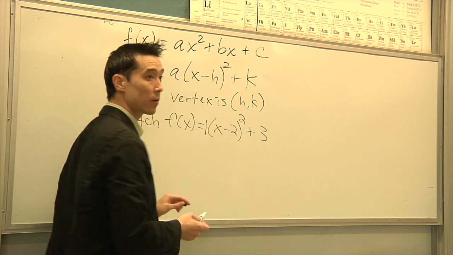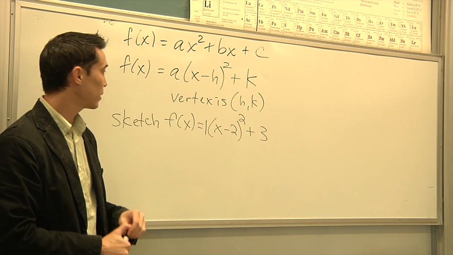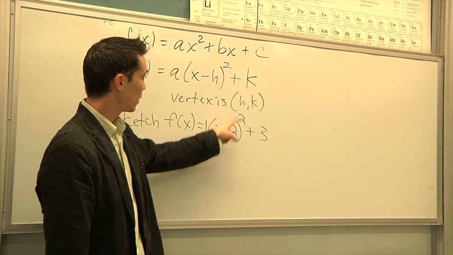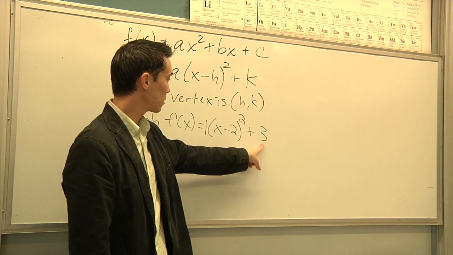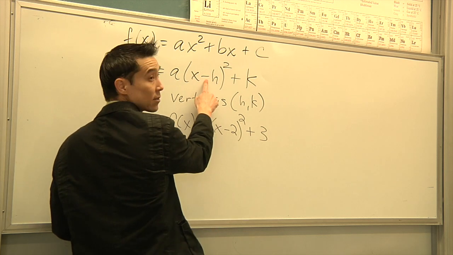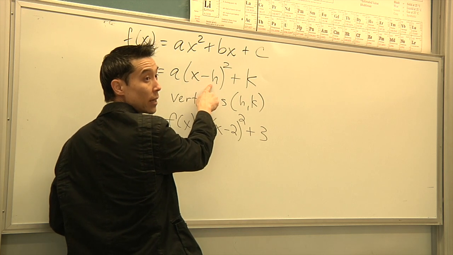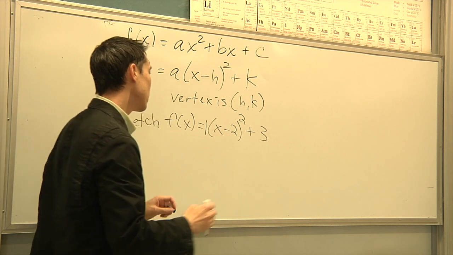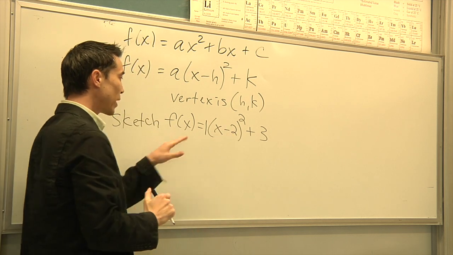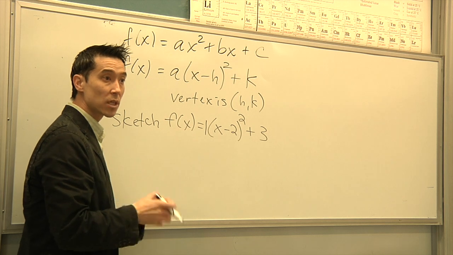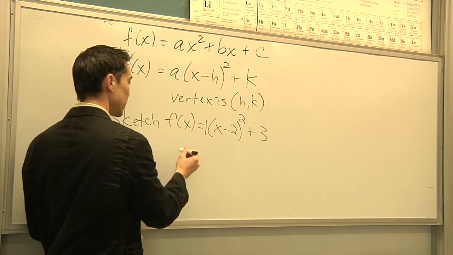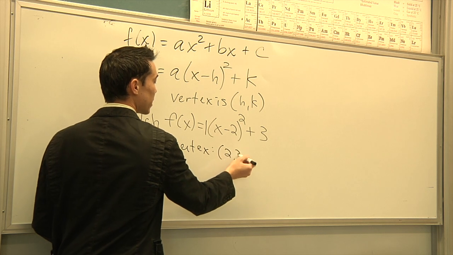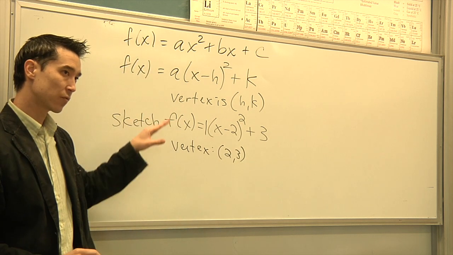So a is 1. So we know it opens upward, right? (x minus h). What is h here? 2. And plus k. K is 3. Now notice there is a minus already in the formula. Okay, so h is not negative 2. H is just 2 because the minus is already given in the formula. Okay? So just by looking at this equation, we know this is a parabola that opens up, and we know the vertex is (2, 3), because it's already explicitly written in this form.